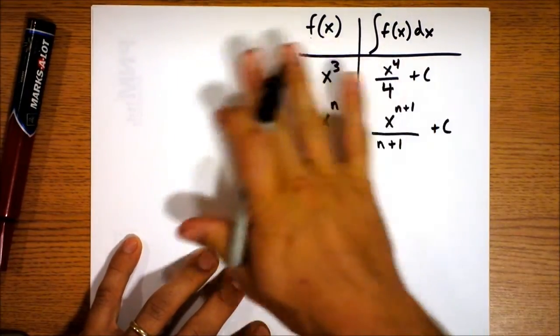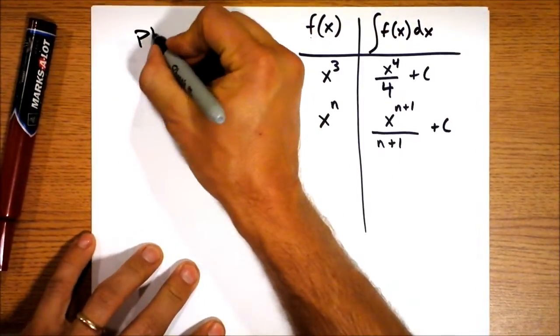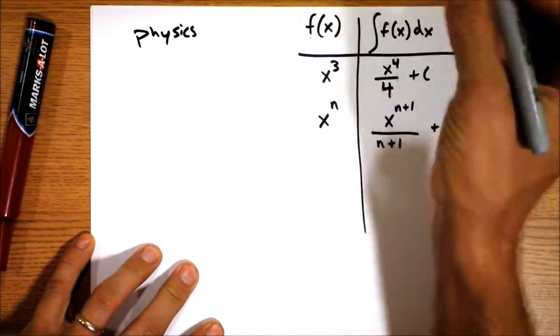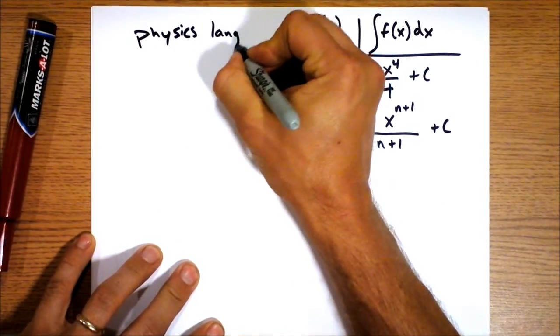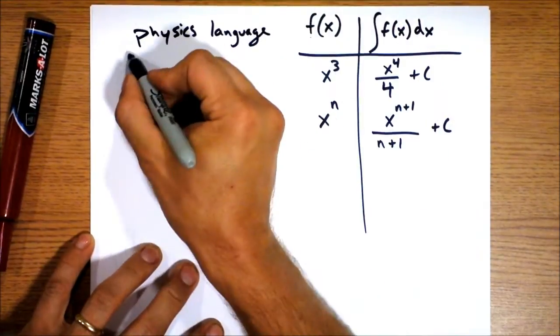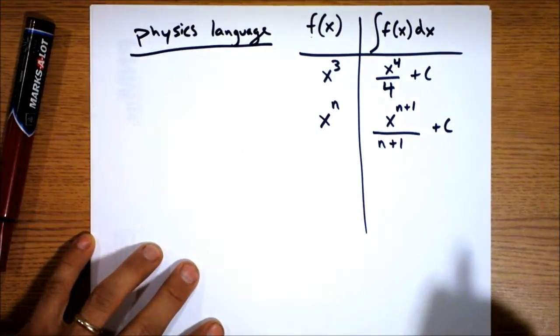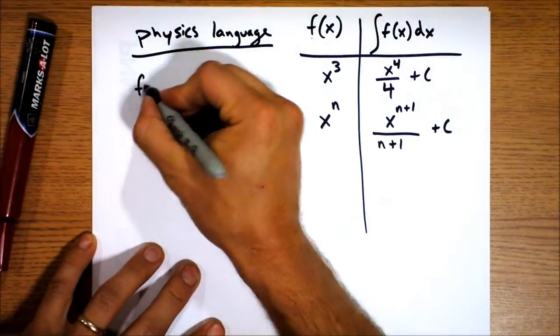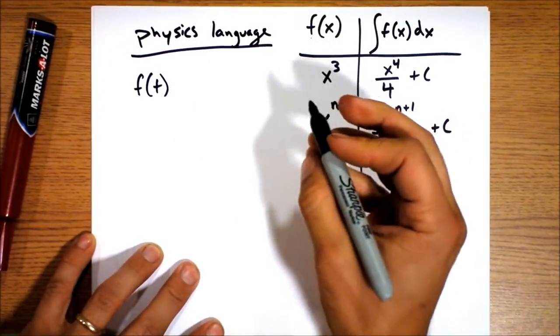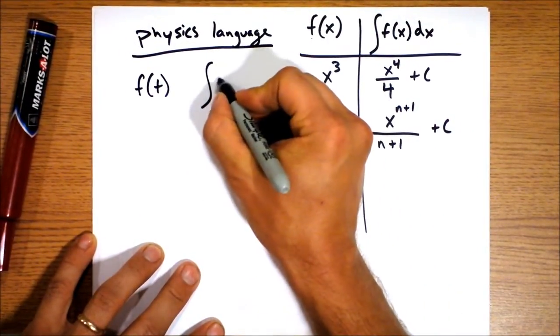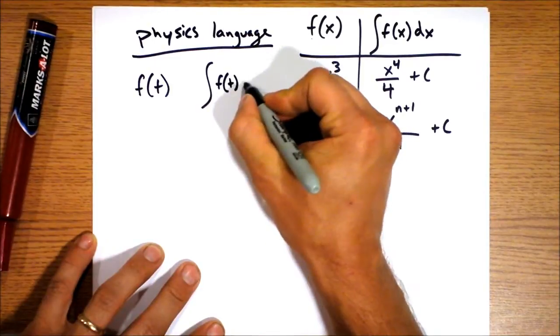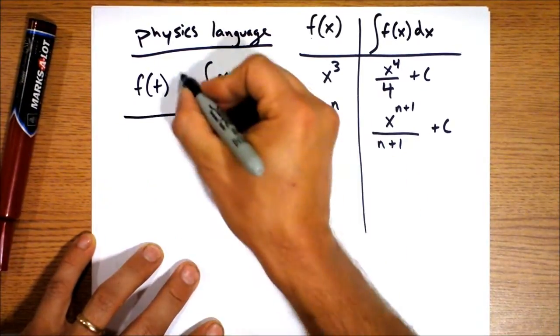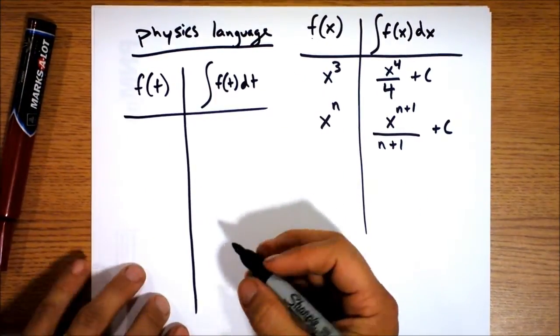I want to put it into the physics language over here, and I want to derive for you something that has probably been bugging you since your first year of physics. And here it is. If I have a function of time, and I look at the integral of that function over time, I'm going to do just a few problems.